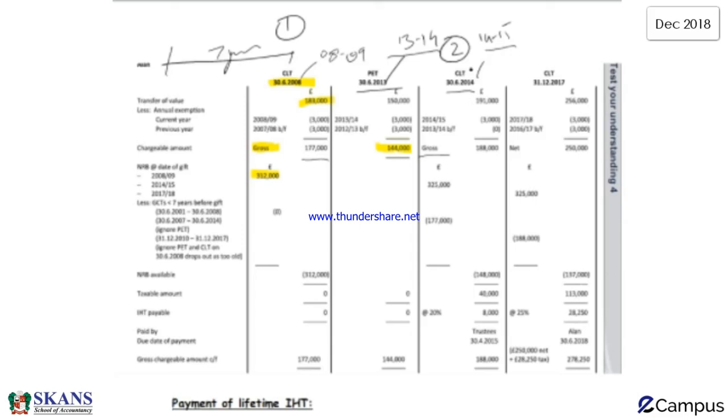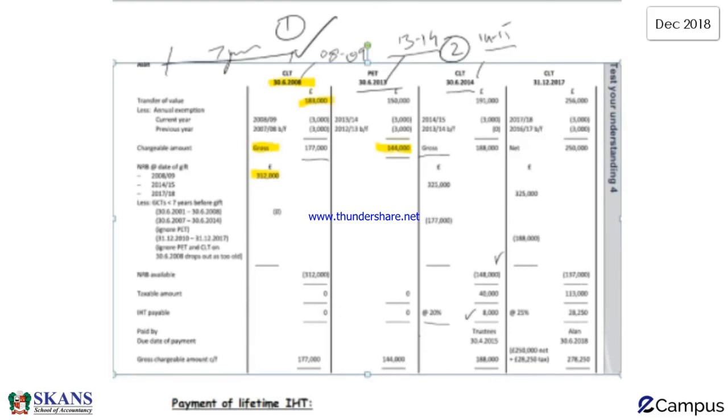Now, if you look into 7 years before this date, we have one chargeable lifetime transfer with a gross chargeable amount of 177,000. And that's why we will say, whereas remaining 40,000 would attract a rate of 20%. So, applying this 20% rate, we will be having a lifetime tax of 80,000.